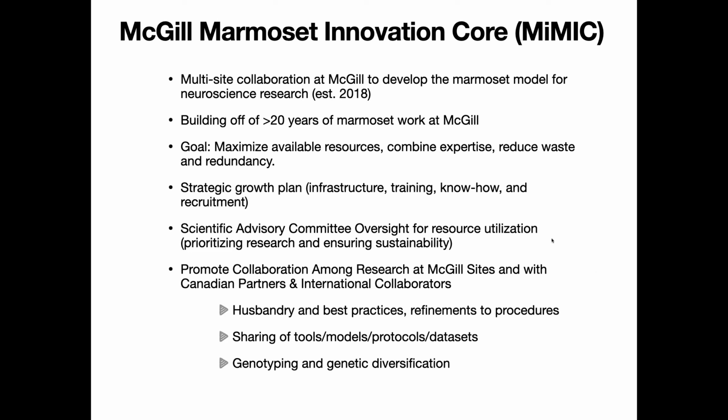We have a scientific advisory committee that helps with oversight and utilization of resources. They help to prioritize the research and the deployment of the model, with the idea that you want to be able to use the model, but at the same time sustain it and make sure that we have enough animals and utility for the future.